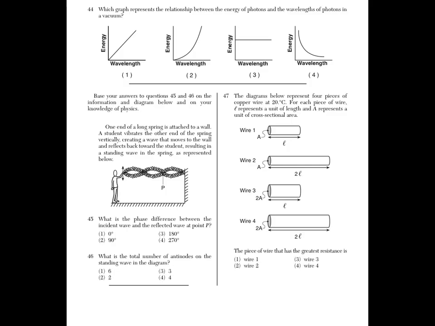Number 44. Which graph represents the relationship between the energy of photons and the wavelength of photons in a vacuum? Okay, so energy of photons, there are two equations for this. E equals hf, this is the modern physics section, and E equals hc over lambda, which is wavelength. Wavelength is lambda, so we're going to use this bottom one.